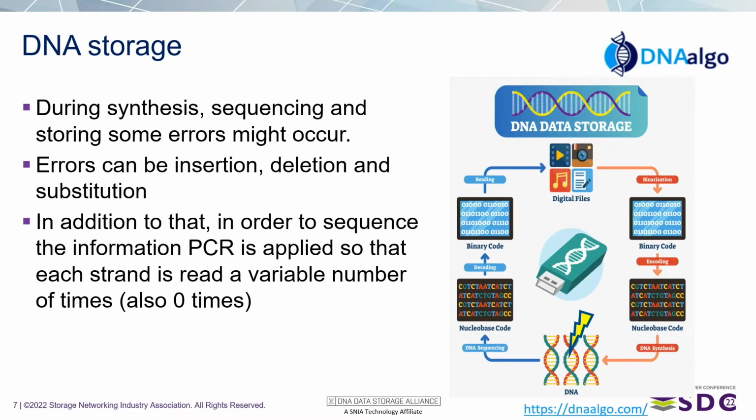But the amount of data that we synthesize is not even comparable to the one that we sequence back, due to the PCR process. So we read back a huge amount of data where a lot of strands are read many times, but I would like to recall that some strands might not be read at all. So at this point, some information might be really lost. Data then enters the process of decoding, which in this case is also composed of different steps, and is converted back to binary, and then the original file can be reconstructed.